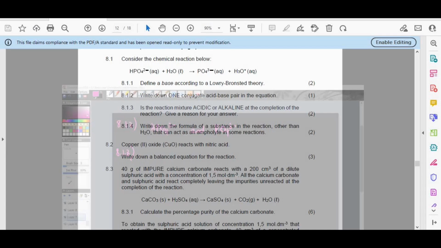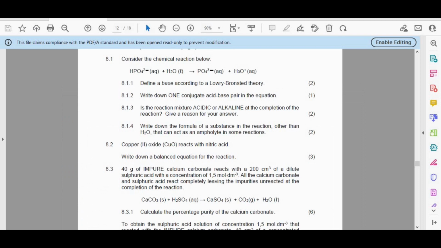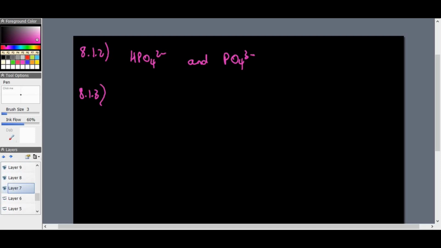8.1.3. Let's find out what that question was. Is the reaction mixture acidic or alkaline at the completion of the reaction? Give a reason for your answer. Well, it is actually acidic. The reason we know that is because, and we can use the word excess, H3O plus ions or hydronium ions are produced.